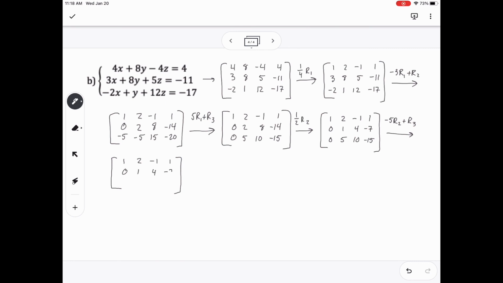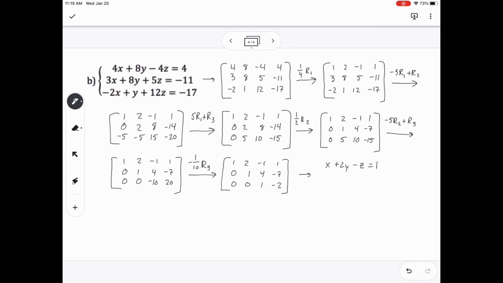Also know that, like in the first example, it's okay to have fractions, so don't let that throw you off, because that will happen sometimes. Then the last operation is to multiply the third row by the reciprocal of negative 10, which is negative 1/10. That works out nicely since they're both divisible by 10.